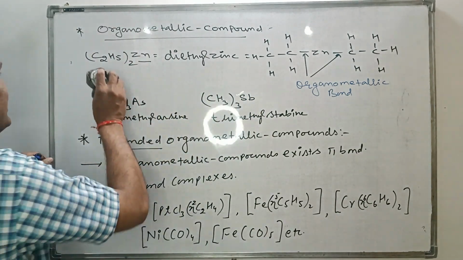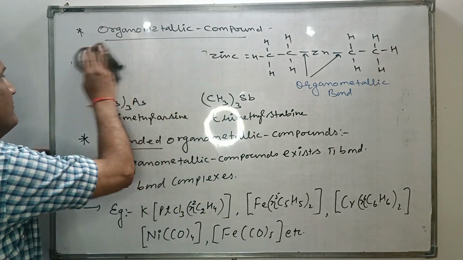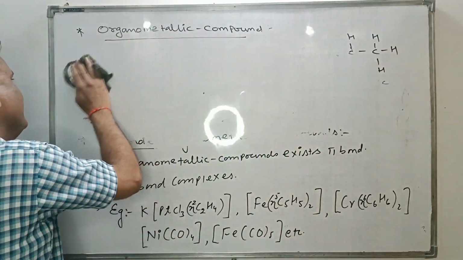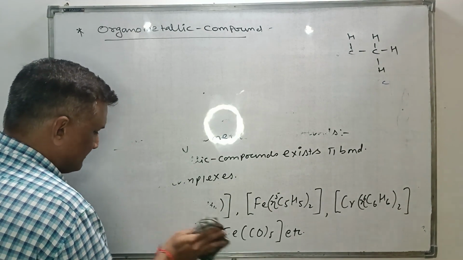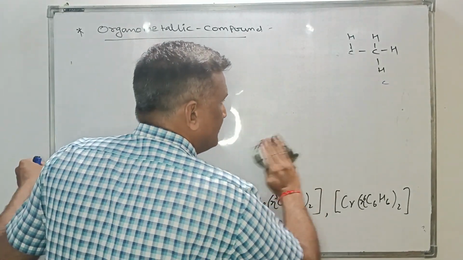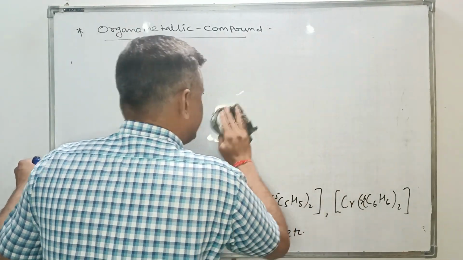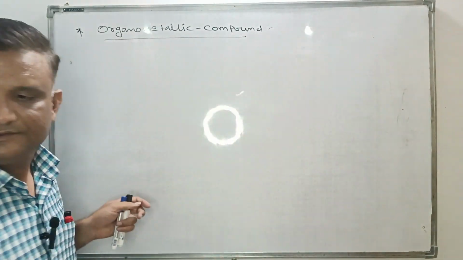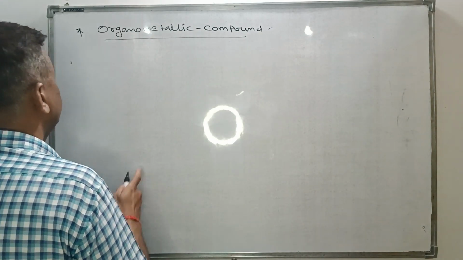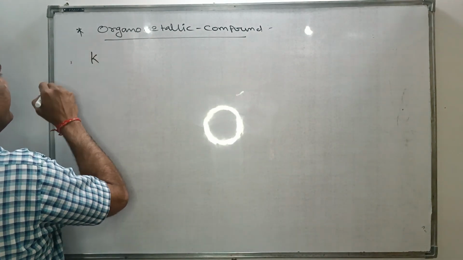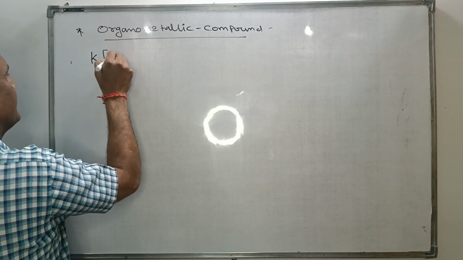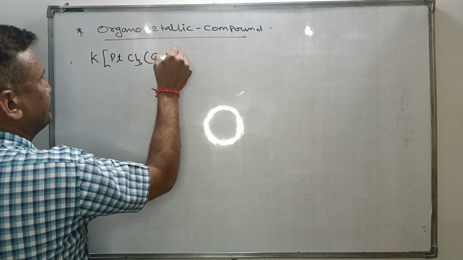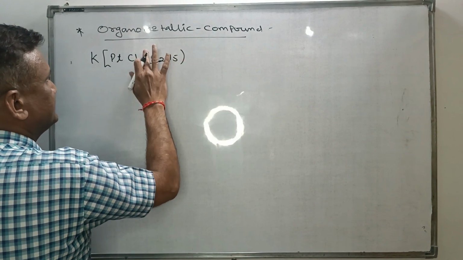The structures of these compounds are very important. Listen carefully. First of all, we'll take the structure of Zeise's salt. This is K[PtCl3(C2H4)], with eta 2.